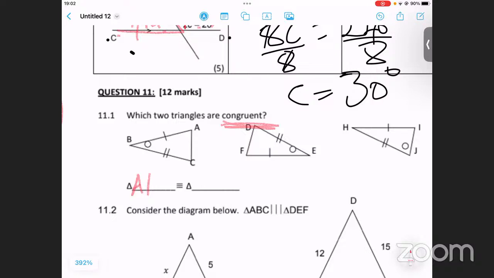Side, side, side, man. Okay. A, B, D, E, F. But Sisiwa, what do you think is the condition here?